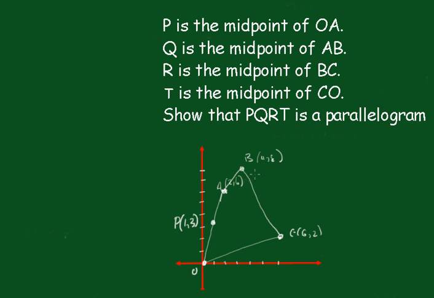The other one up here, Q, is the midpoint of AB, which is (3, 7). And this one over here, R, has the coordinates (5, 5). And down here, T, has the coordinates (3, 1).